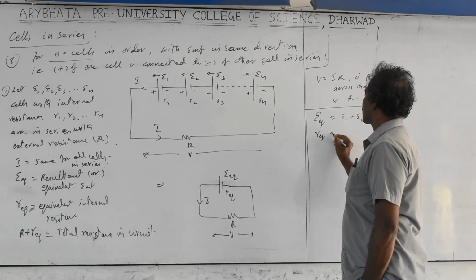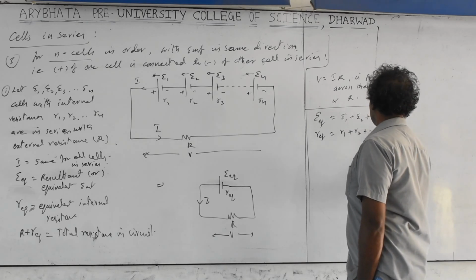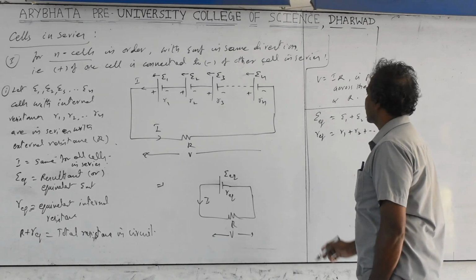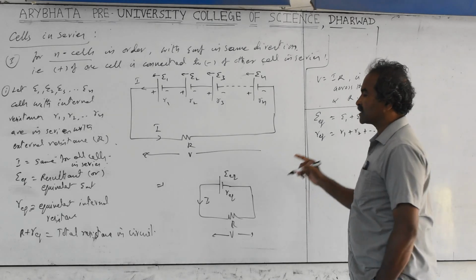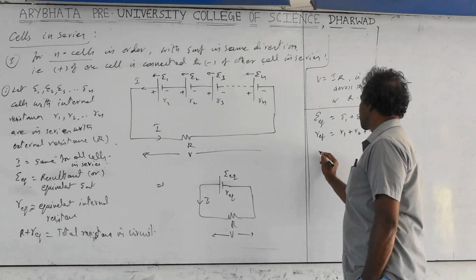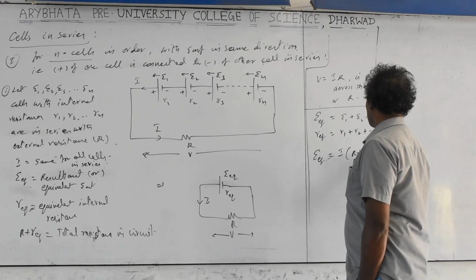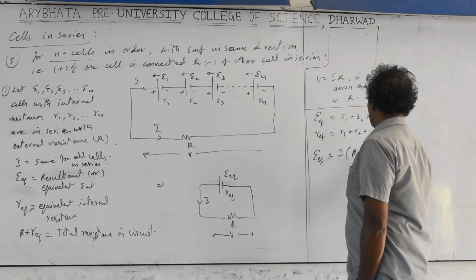R equivalent is R1 plus R2 plus and so on plus Rn, the total internal resistance. The overall resistance is R plus R equivalent, so E equivalent equals I into R plus R equivalent.